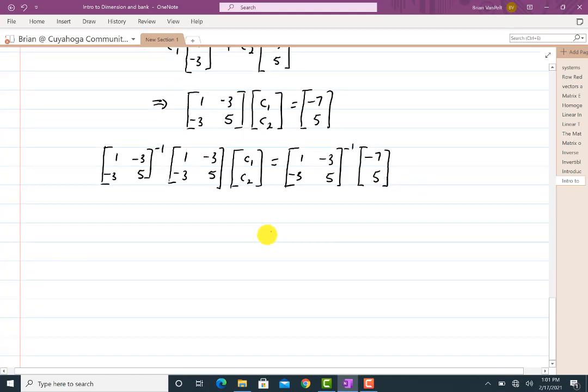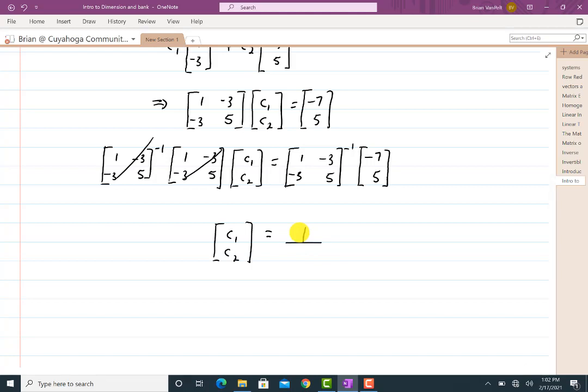All right, on the left, I don't need to worry about a formula for the inverse because these two matrices just cancel out, and all I'm left with is C1, C2. All the work is going to be done on the right side. I've already indicated that we have a non-zero determinant. I think your book uses that term.